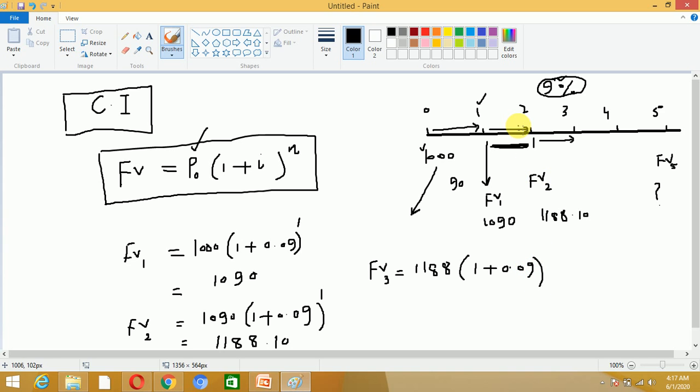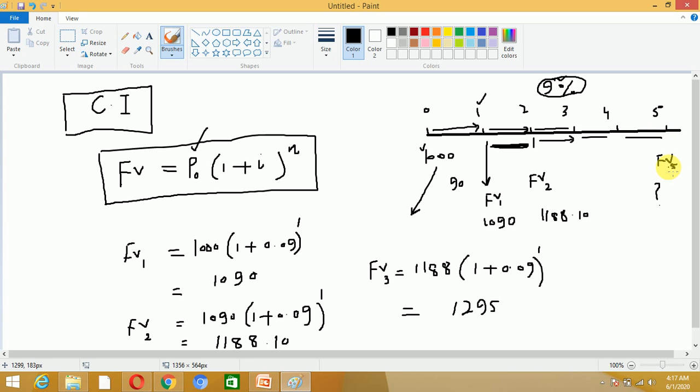And the time period is 1 year, so it will be power 1. So it will become 1188 multiplied by 1.09. So we got 1295. Then you calculate from here to here, and then from here to here, and so you will get the future value.